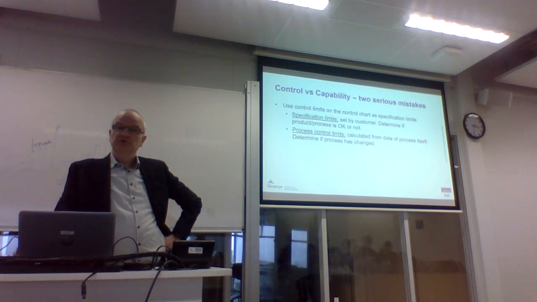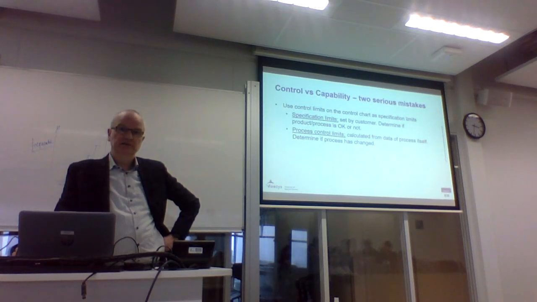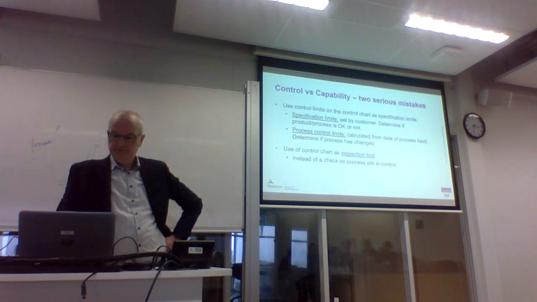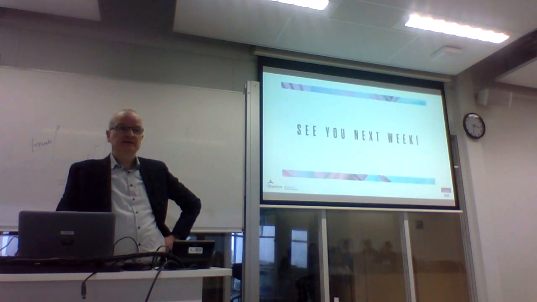Control limits are for your process, showing whether it behaves normally or whether something extraordinary is happening. So it's crucial that you make a distinction. Companies also make those mistakes. They create control charts with specification limits, but you shouldn't do that. You should create control charts with process limits, control limits. Okay? Yep. All right. That's it.